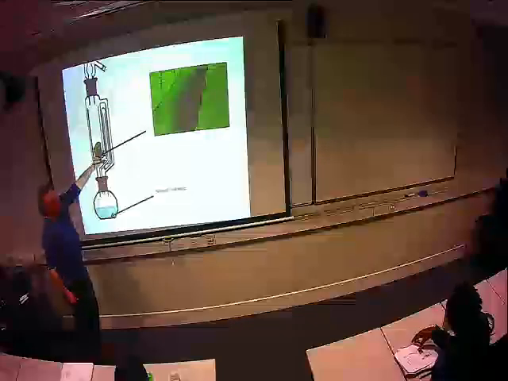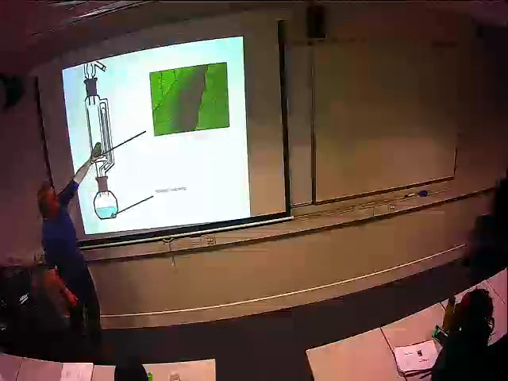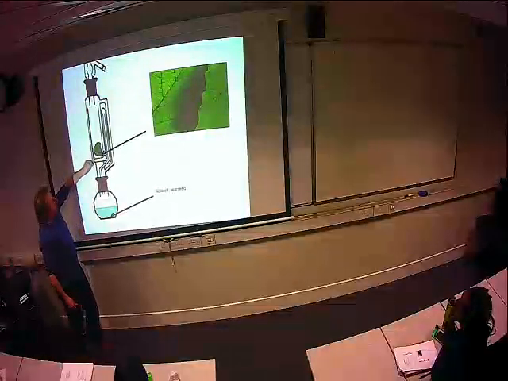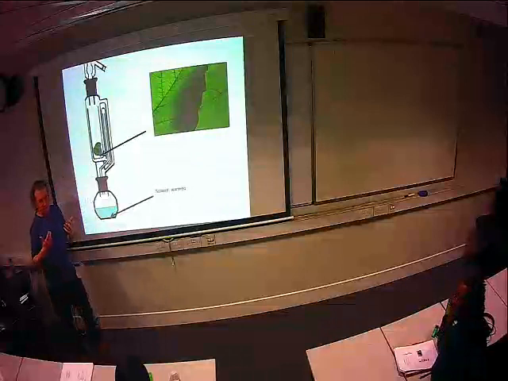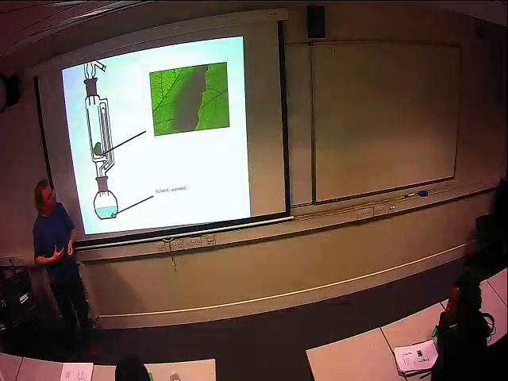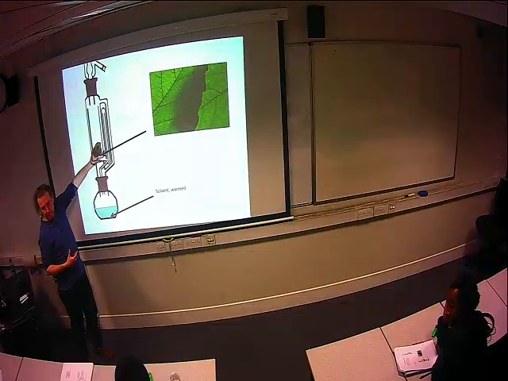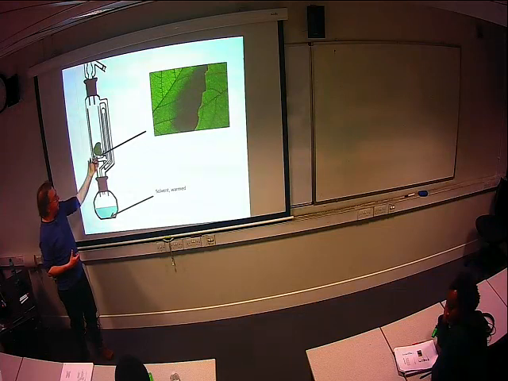So this is your solid sample, so it could be some plant material, and you put it into this. This is a kind of permeable container, like a filter paper type of thing. So solvent can pass through that membrane, but leaves the solid material inside.